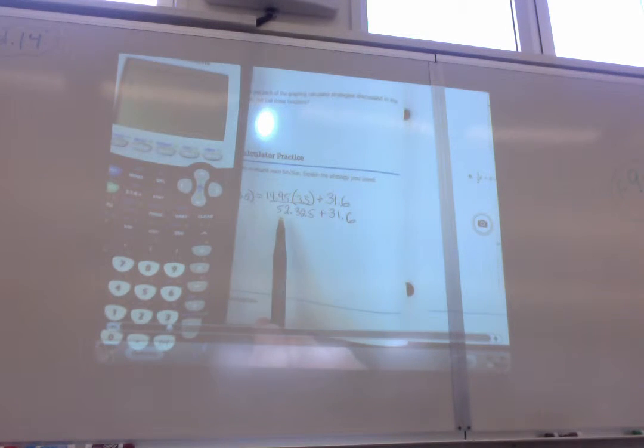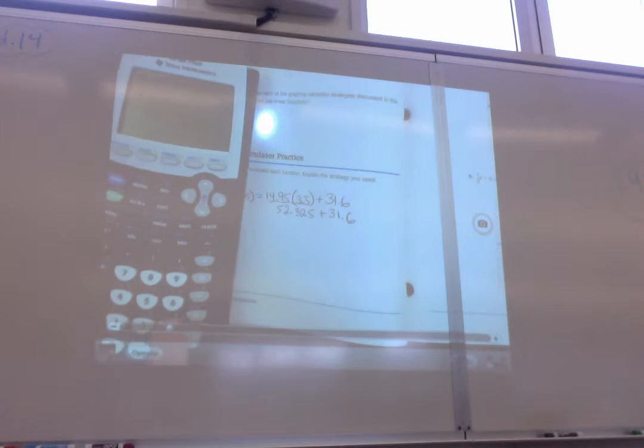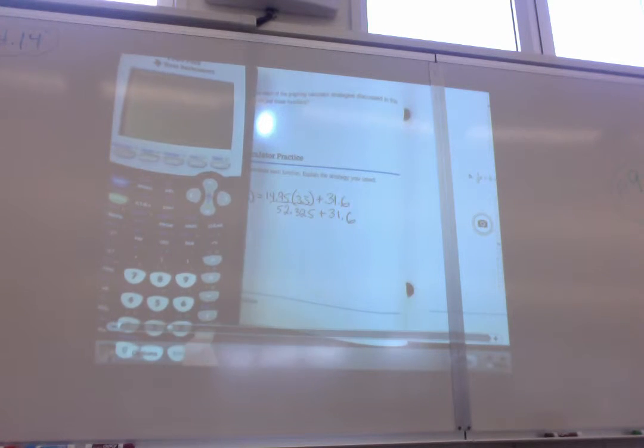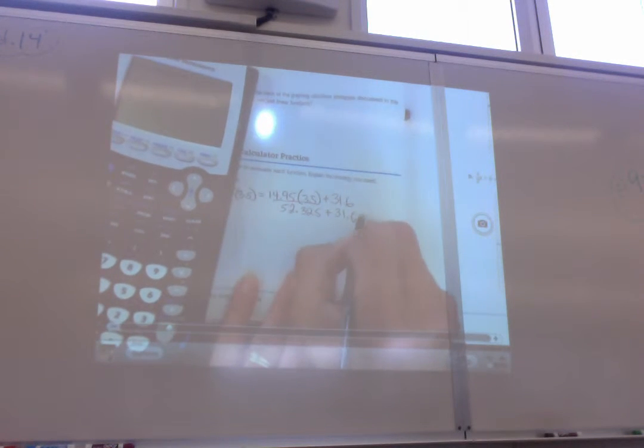I've got 52.325. Now I need to add. So I'm going to add it to 31.6. In my calculator, I can just put plus. Notice it says answer plus 31.6. And that's going to equal 83.925.